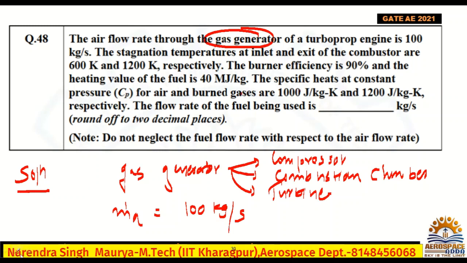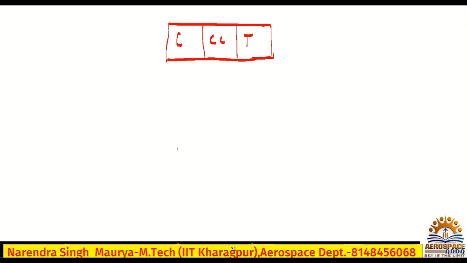Stagnation temperature at inlet and exit of combustor. Okay, so I will draw, see, this is what gas generator: compressor, combustion chamber, and turbine. This is nothing but gas generator. All right.